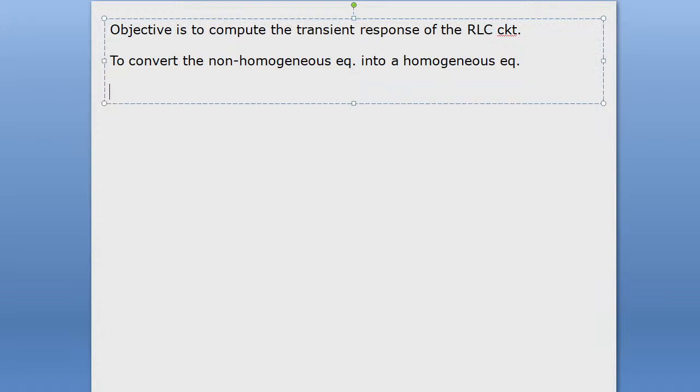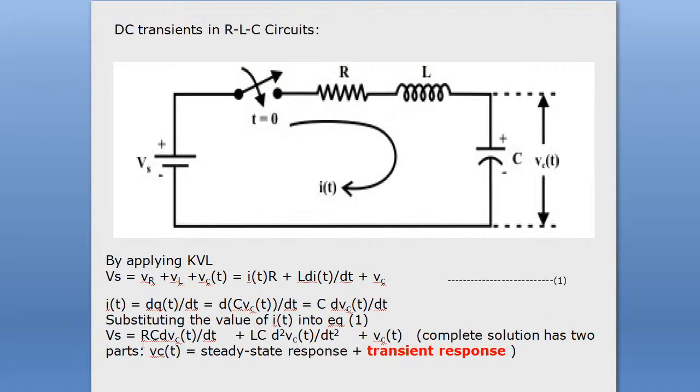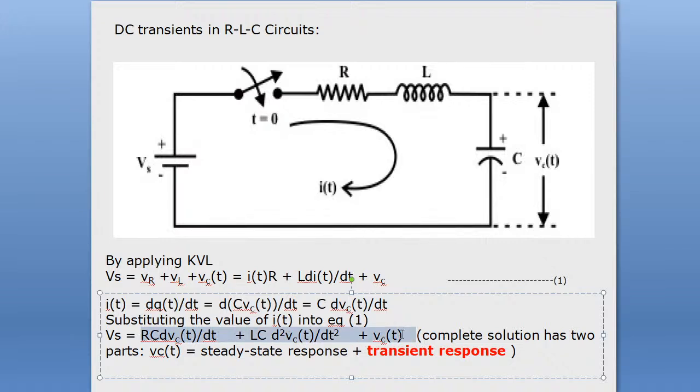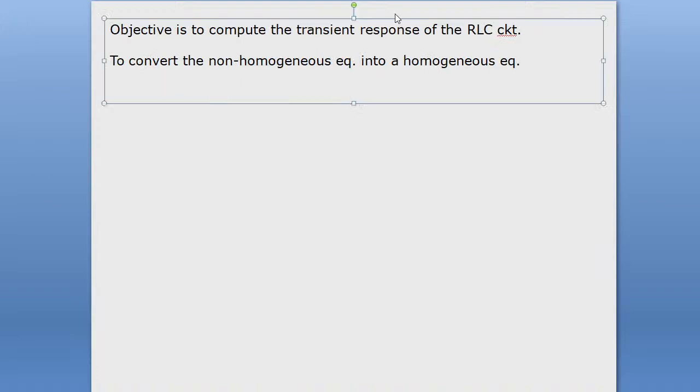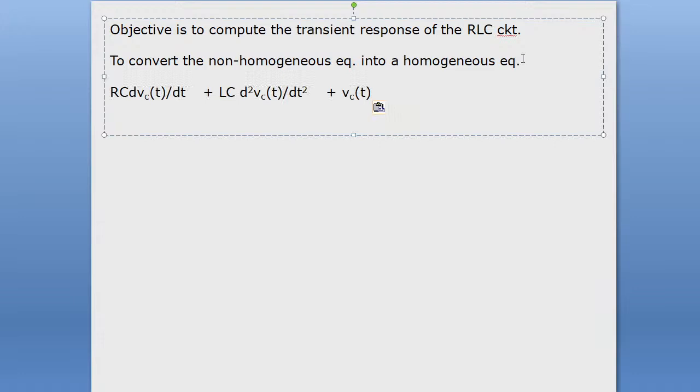We will just make Vs equal to 0. So let me write the equation. Let me copy this thing, equal to 0. Here we have made Vs equal to 0.